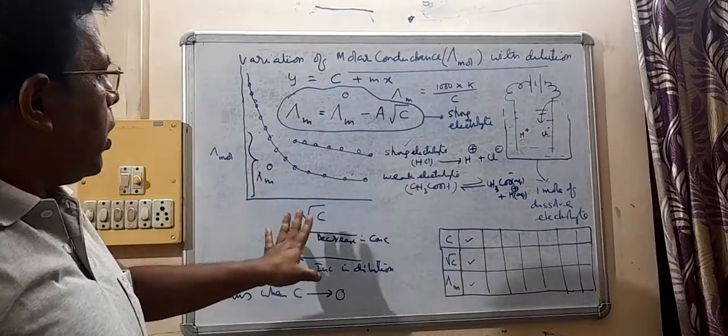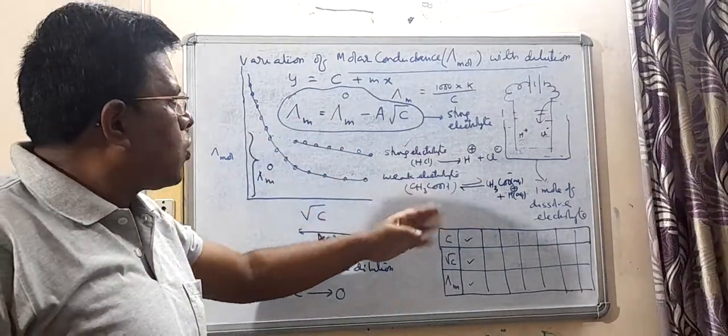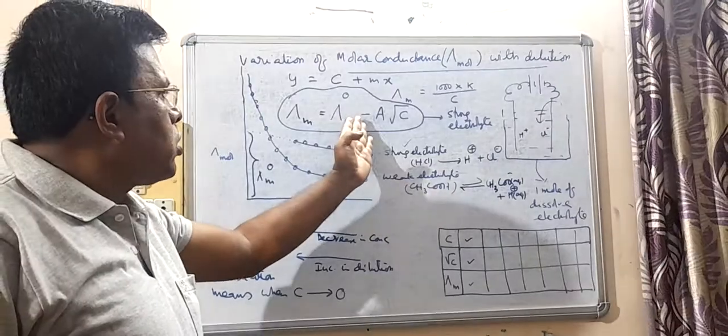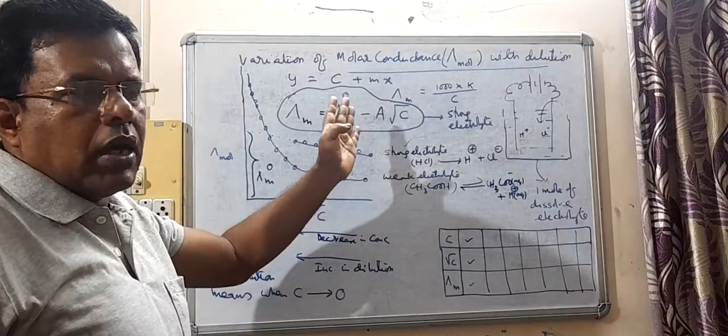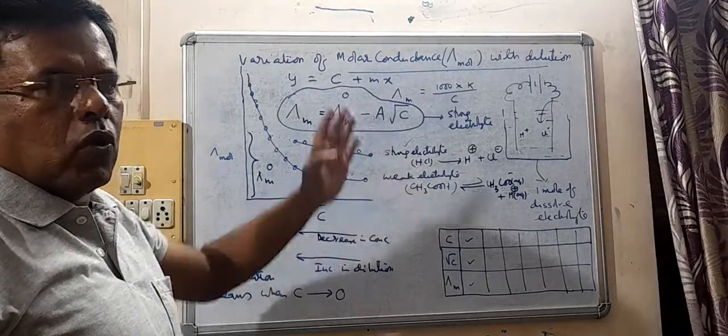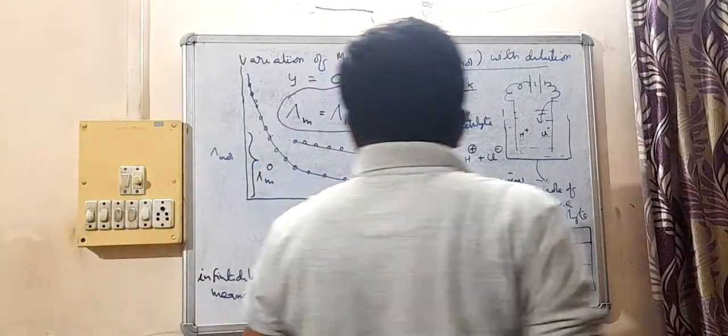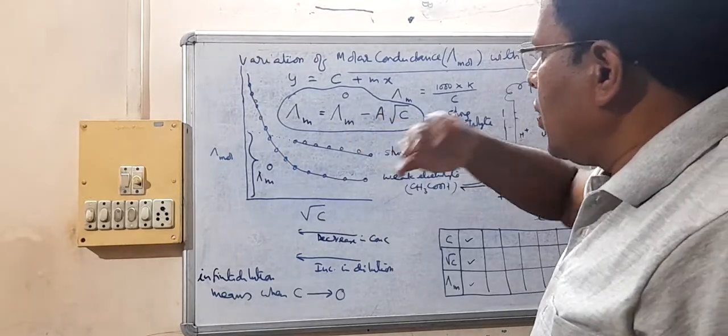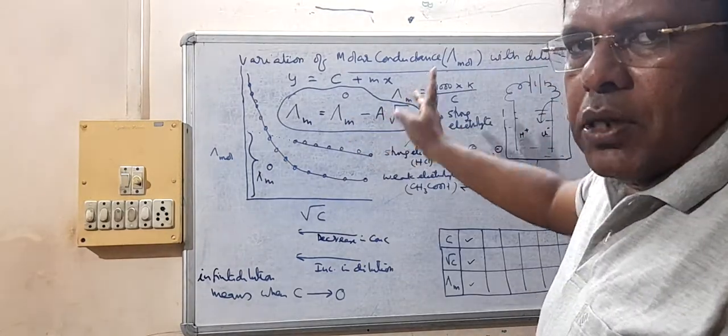Now, why are we not getting a straight line in case of weak electrolyte? Because this relation is not applicable, as I already said. It is only applicable for strong electrolyte. And what is A here? A is a constant. It depends on so many factors.